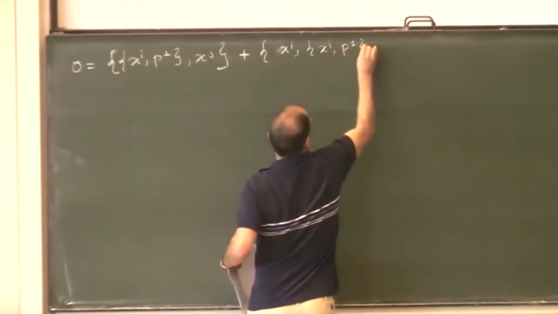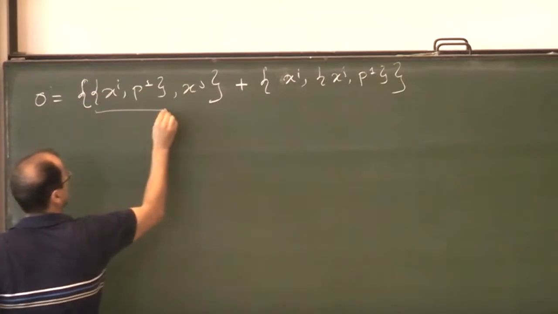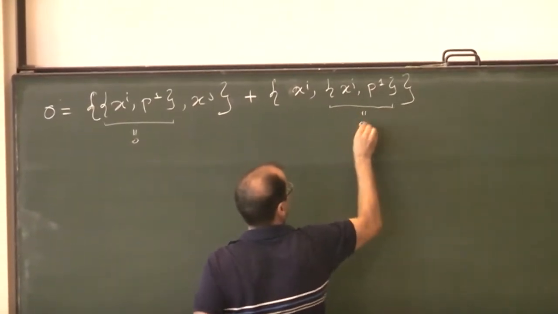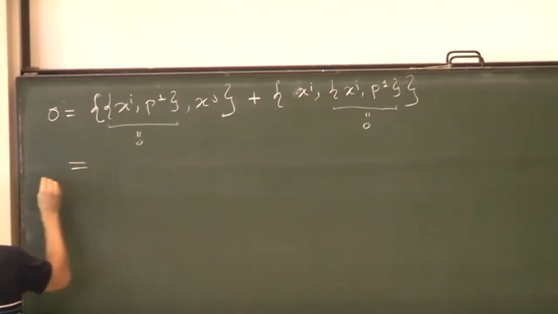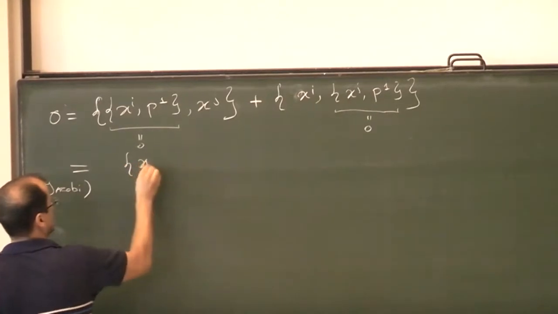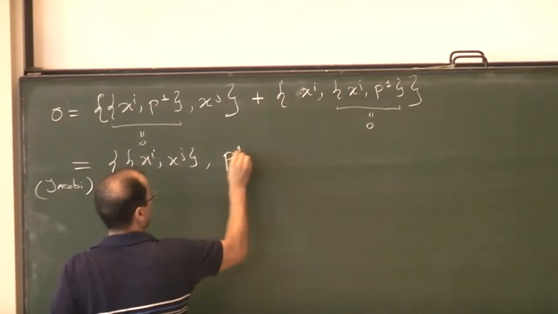So let's look at this gadget. So these are both 0 because we know it's 0. But now by Jacobi identity, this is the same thing as the bracket of xi, xj with P1.